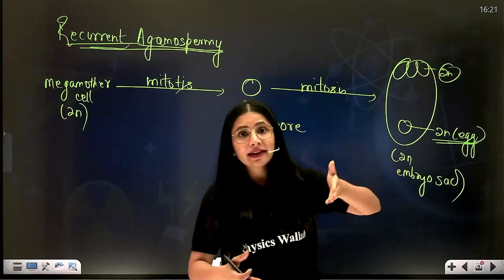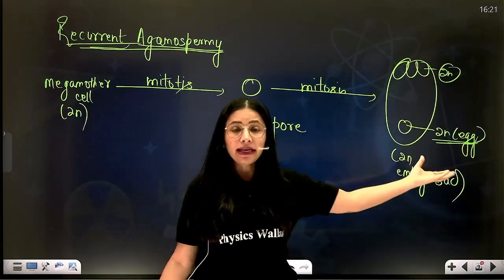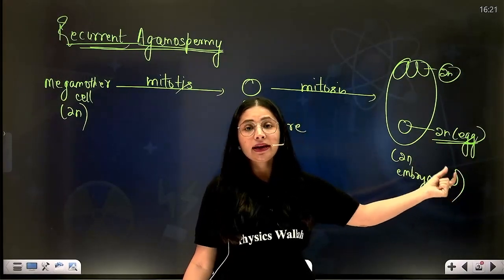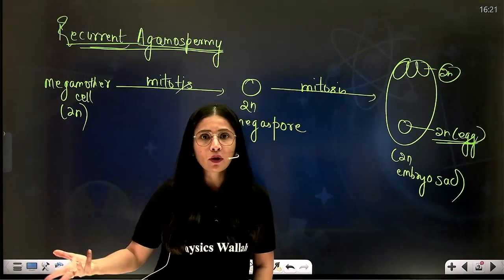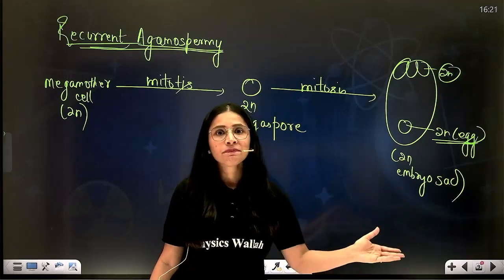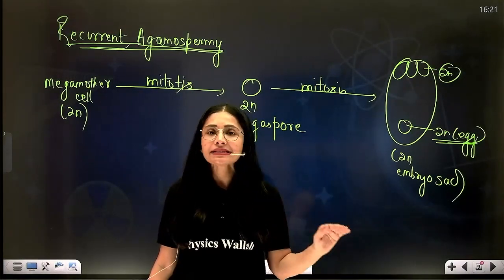Now, if a male gamete is going to fertilize this diploid egg, it is going to form a triploid cell, not a diploid, because the egg is already diploid. It does not need the mechanism of fertilization.